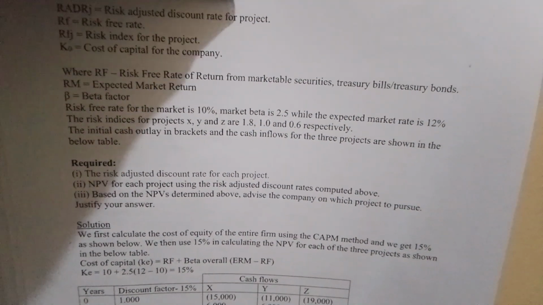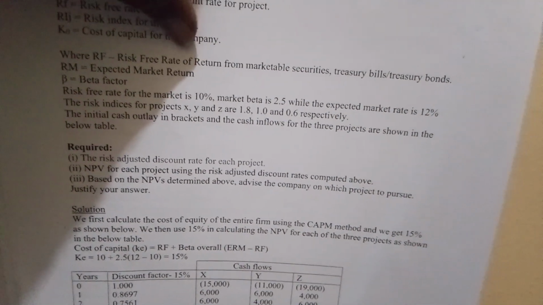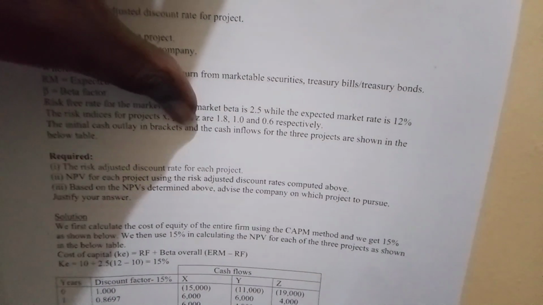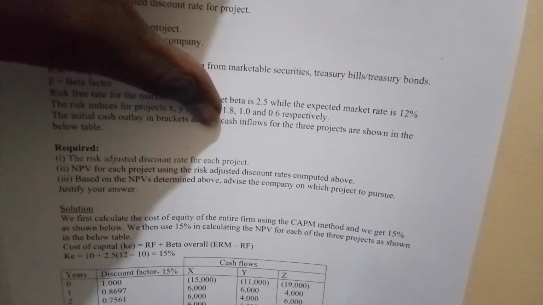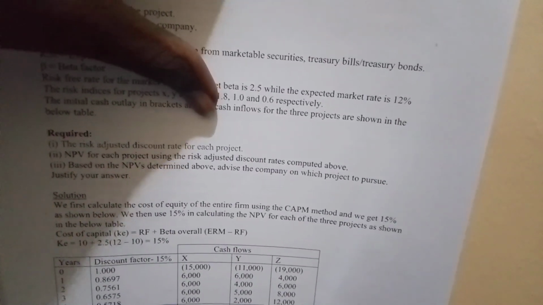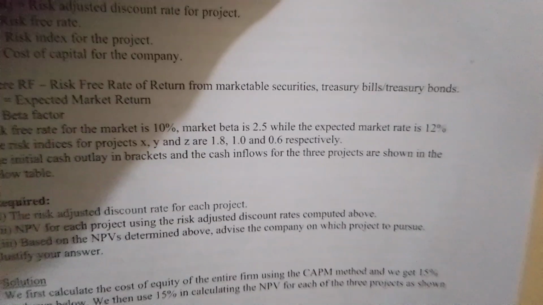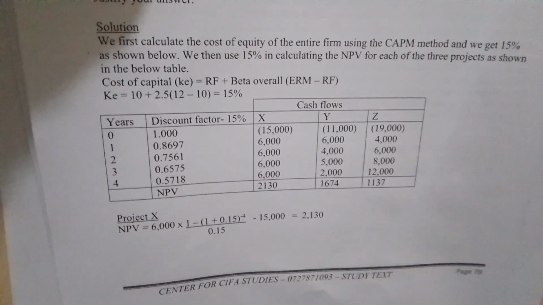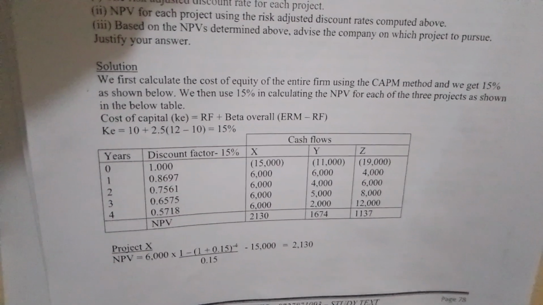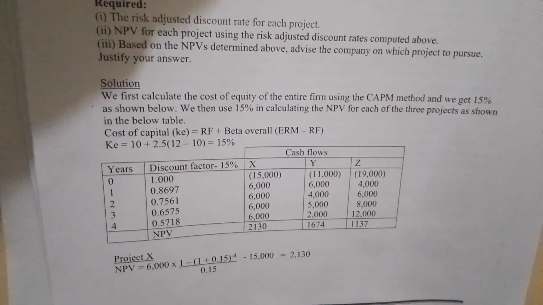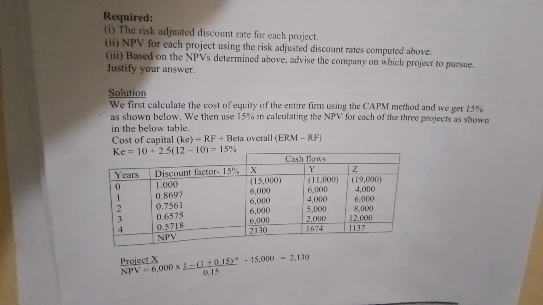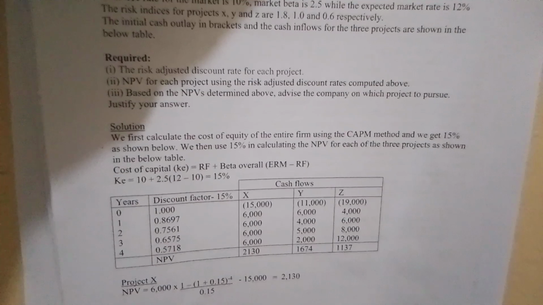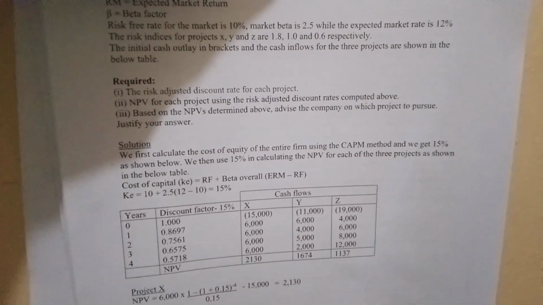You go through that question, where it starts: the initial cash outlay in brackets and the cash inflows for the 3 projects are shown in the table below. That is a table that we are referring to, with the respective cash flows.